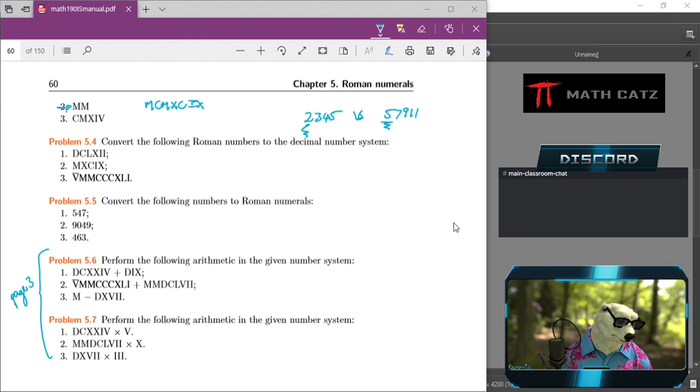But still, if you think about the hour that you have, usually it's a 50-minute class for 5 pages. That gives you 10 minutes a page. So can you do problem 5.4 number 1 and 5.5 number 1 in 10 minutes? Because that would be page 1.